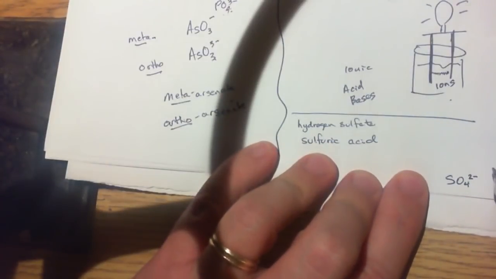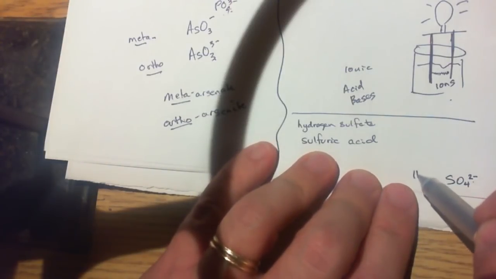The other question I have here is, what's the difference between hydrogen sulfate and sulfuric acid? Because my sulfate has a charge of 2-, that means it can pick up 2 protons to become neutral.